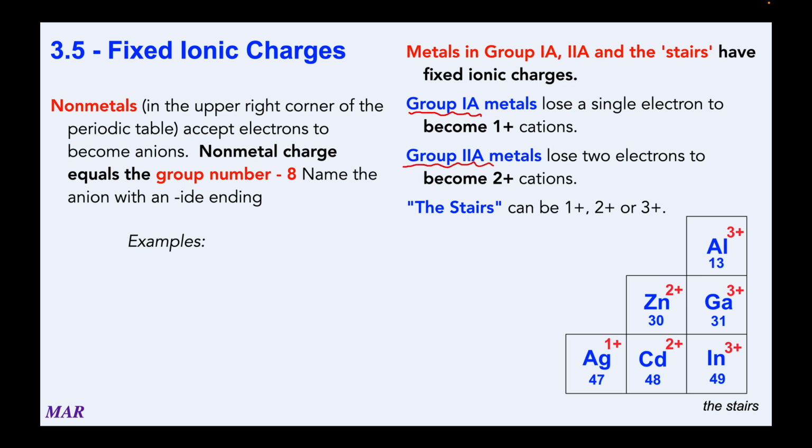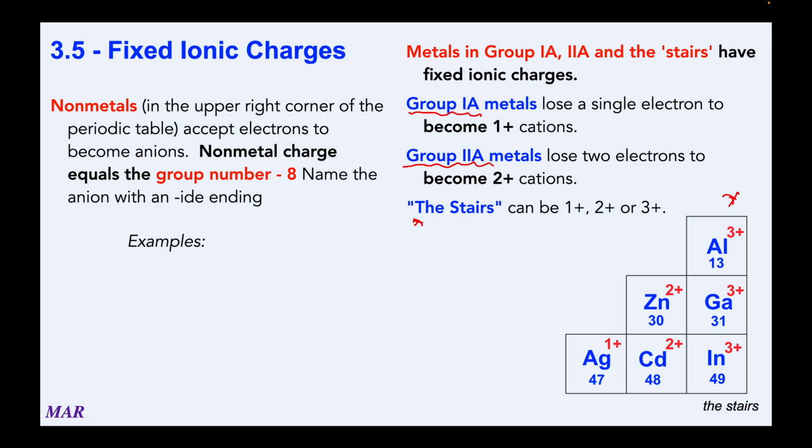Group 2A metals would be calcium, magnesium, strontium, barium. They're always going to be +2. And then the stairs is this funny group on the periodic table. It starts with aluminum, number 13, and goes down to indium, number 49. And you can see it goes left to silver.